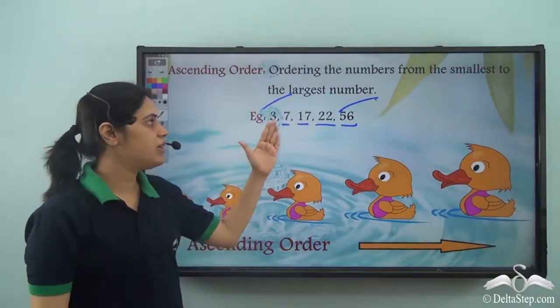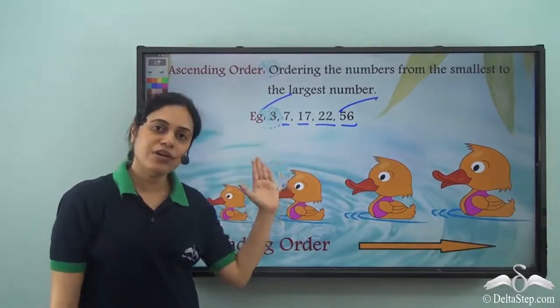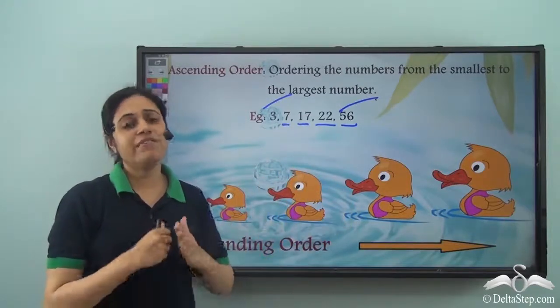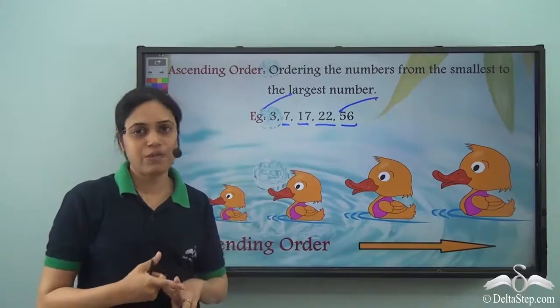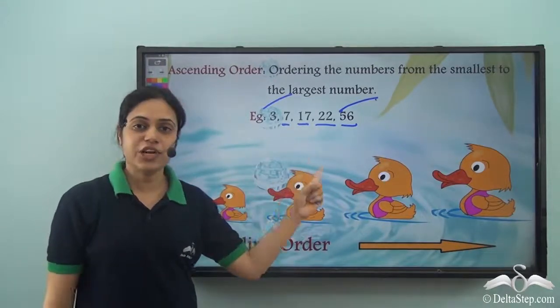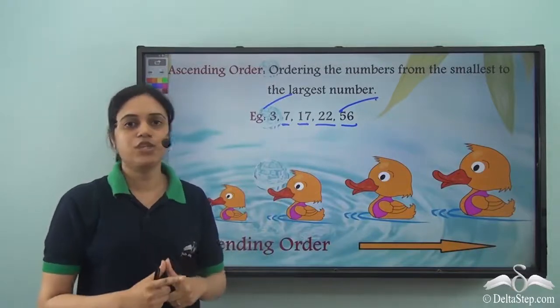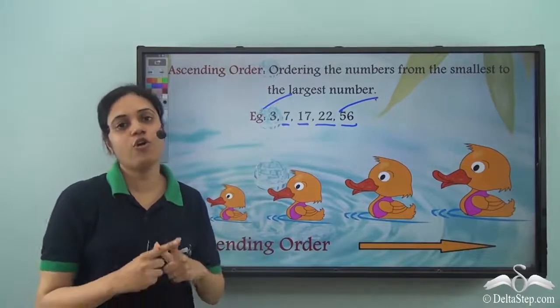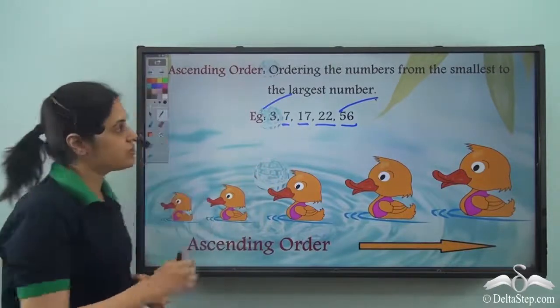That is the smaller number coming before the larger number or the bigger number. So we have learned how to compare two numbers before, but in this case we are arranging or ordering more than two numbers. In fact, over here we have arranged or ordered 5 numbers.